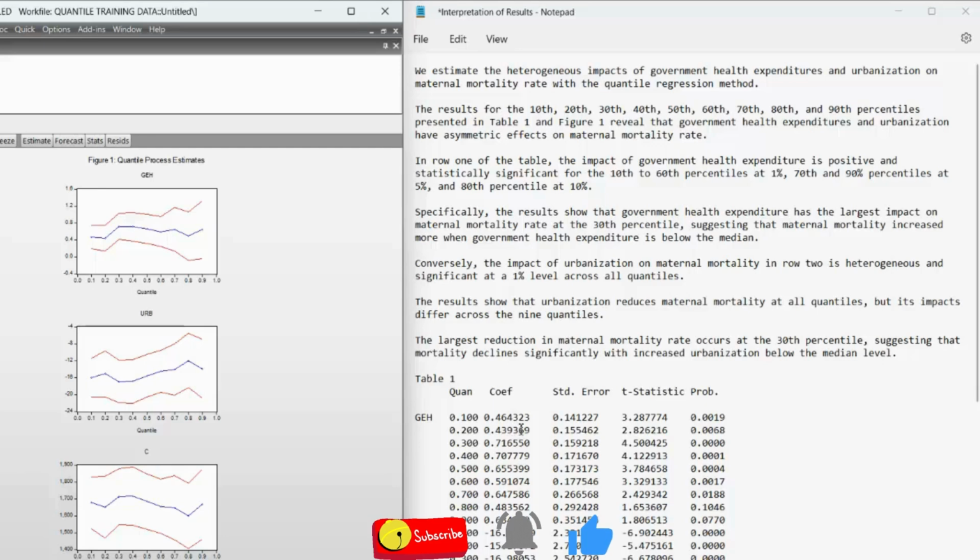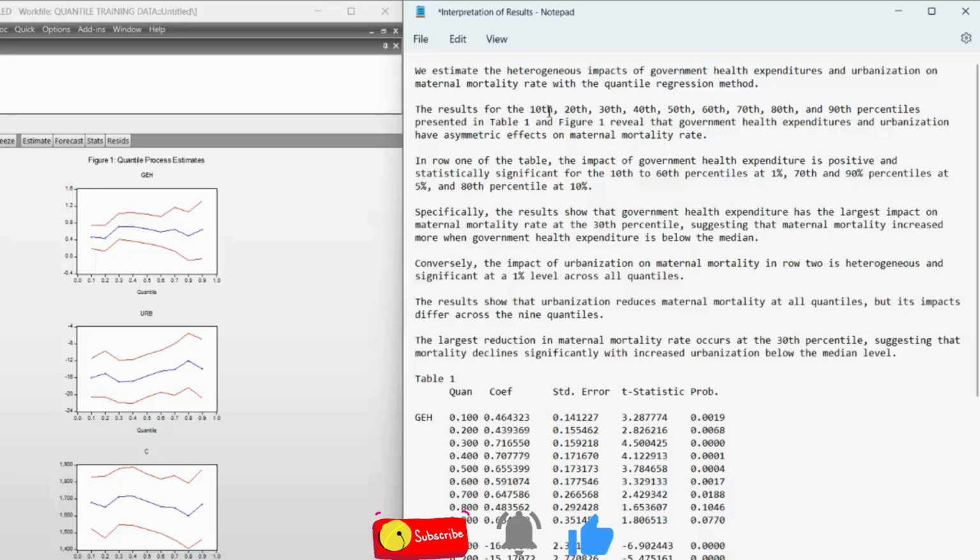The only thing is that here we don't have the standard error, the t-statistics, or the probability value. We have the quantile. You can see it here. This one gives up to the 10th quantile, but this one stops at 9, which is reasonable. Then we have the coefficient. This is the blue line, and this is government expenditure. This is urbanization.